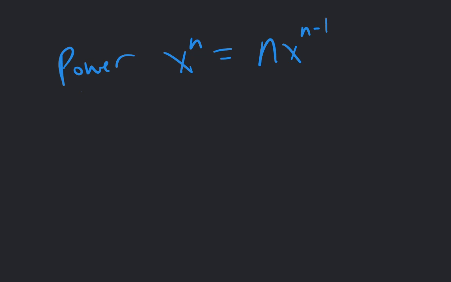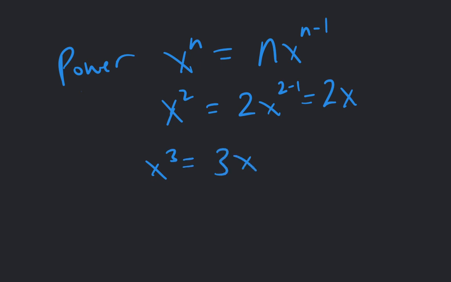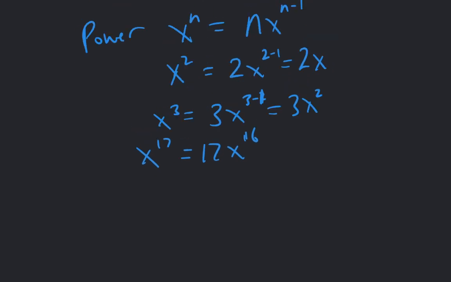So in the case of x squared, this becomes 2x to the 2 minus 1, which is just 1. So just 2x. X cubed would be 3x to the 2 power, or squared. And this works for all powers of x. So x to the 17, 17x to the 16.